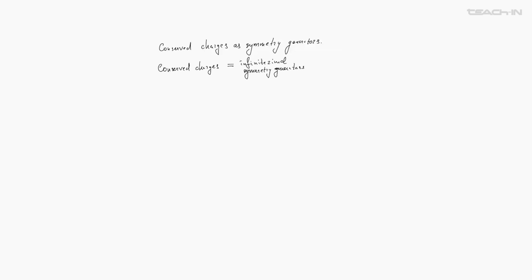And to understand this statement, we need to recall the construction of the Hamiltonian formalism for the case of field theory. Normally we start from the Lagrangian description. So we have Lagrangian density, and the action.